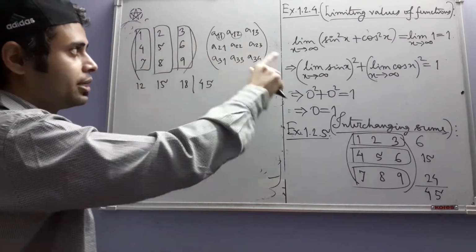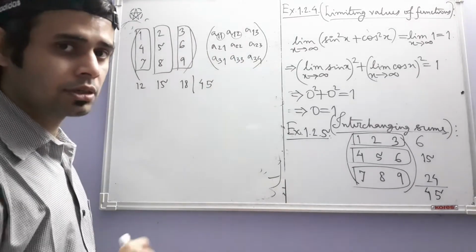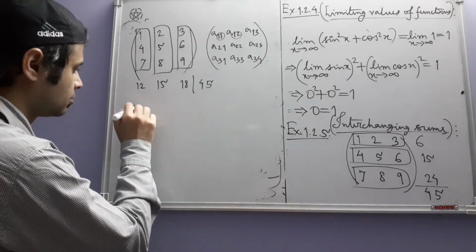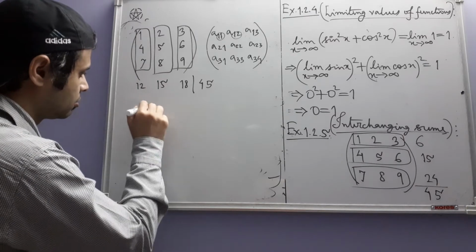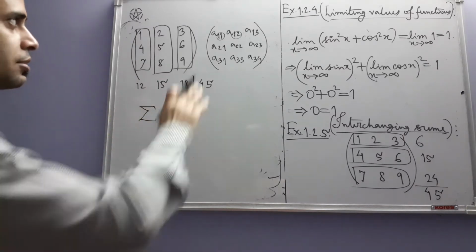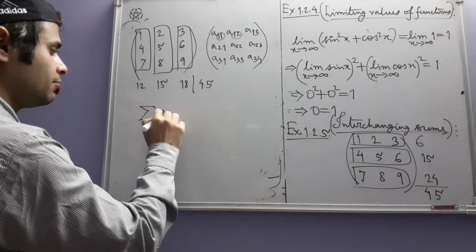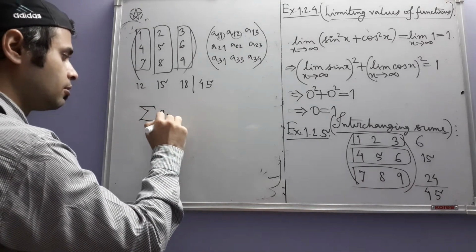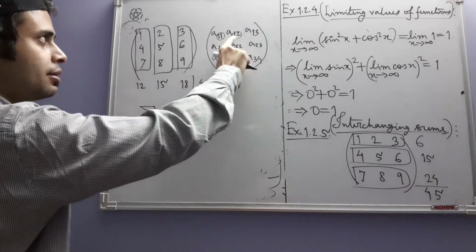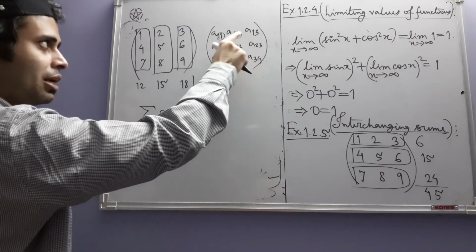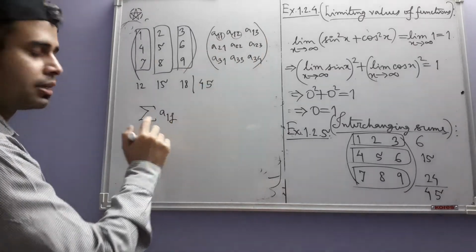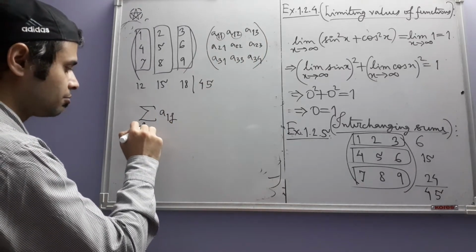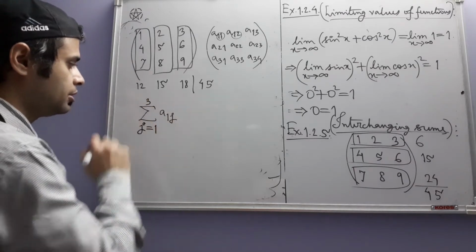How can we write the row sums using summation notation? If it's the first row sum, then it will be A1J. You see, 1 is constant here, 1, 1, 1, 2, 1, 3, but the second number is changing. Changing from where to where? From 1 to 3.